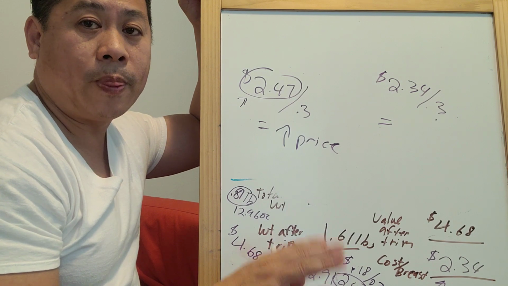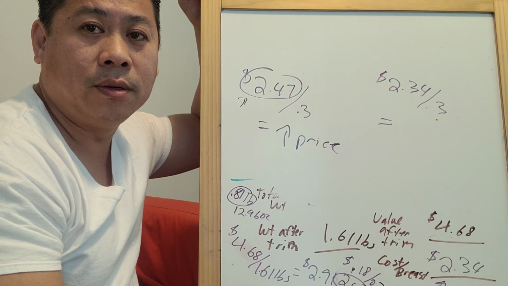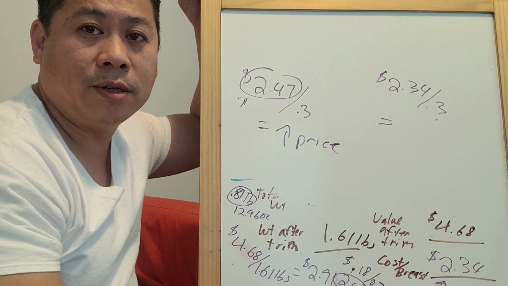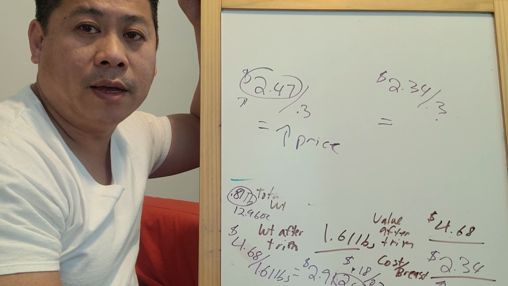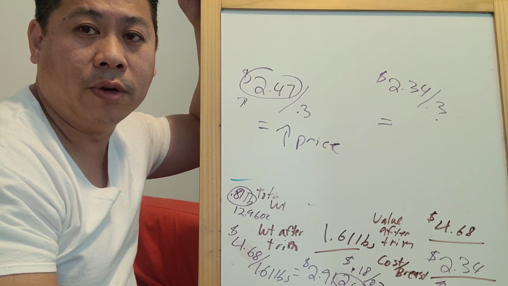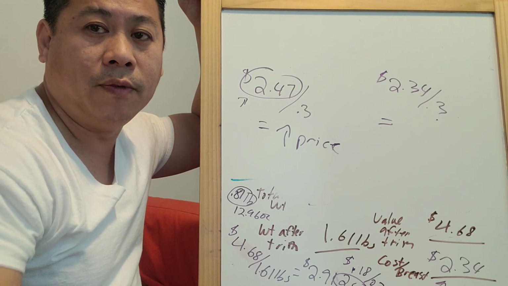But anyways, that's how you get your cost of chicken breasts. You can watch this video anytime, and if you have any questions, you can always email, text me, however you communicate. Please do, so I can go over this again with you. Okay, I'll upload this in a YouTube video.